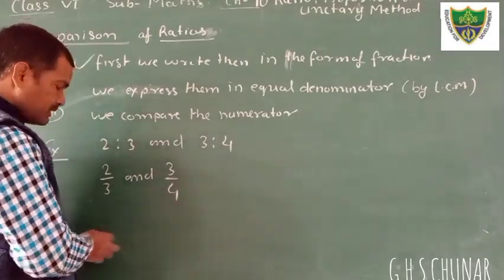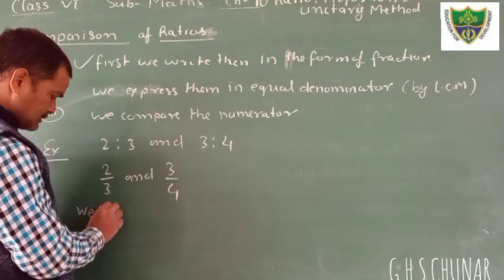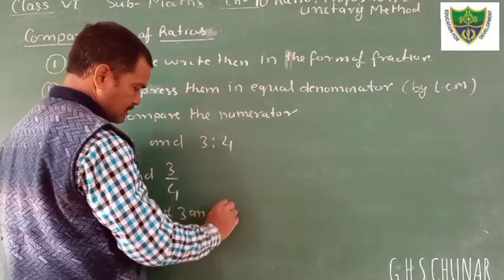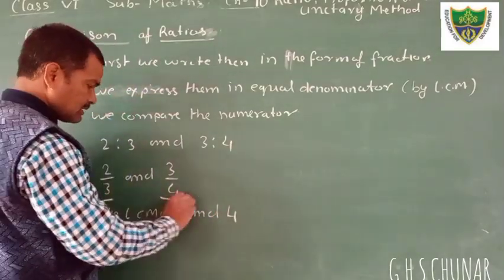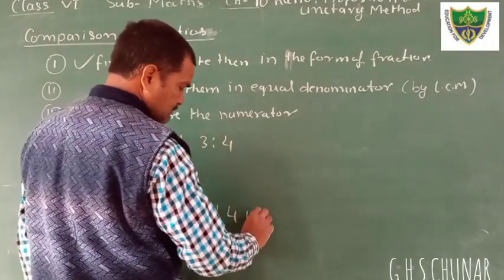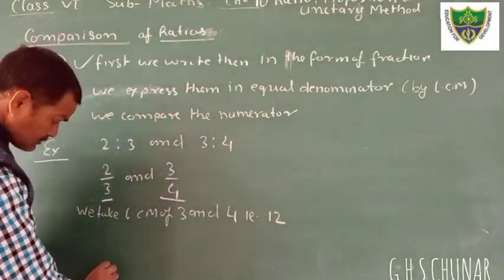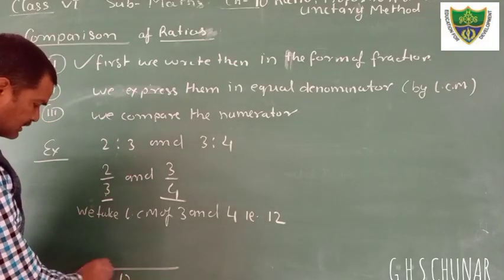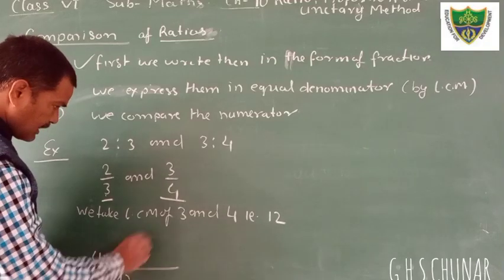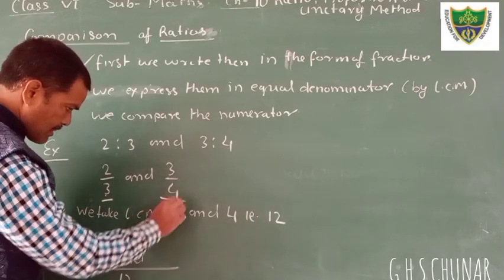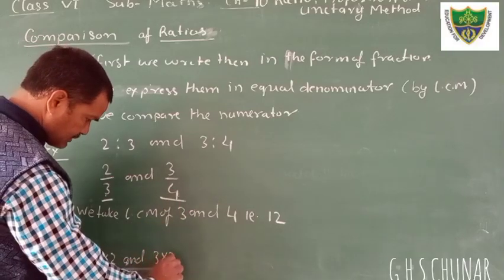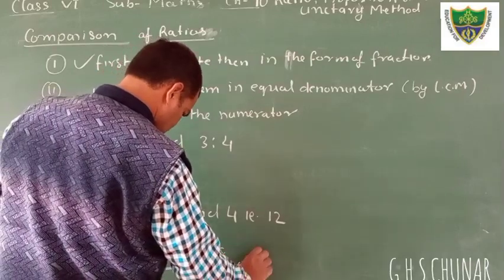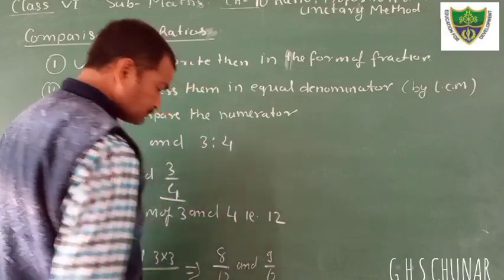To make the denominators equal, we take the LCM of 3 and 4, that is 12. Now 3 fours are 12, that is 4 into 2, and 4 threes are 12, that is 3 into 3. This implies 8 upon 12 and 9 upon 12.